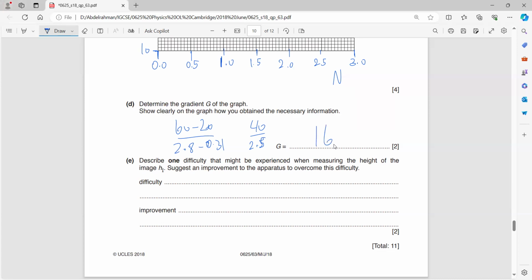Describe one difficulty that may be experienced when measuring the height of the image, h1. What are the difficulties that we face while measuring?